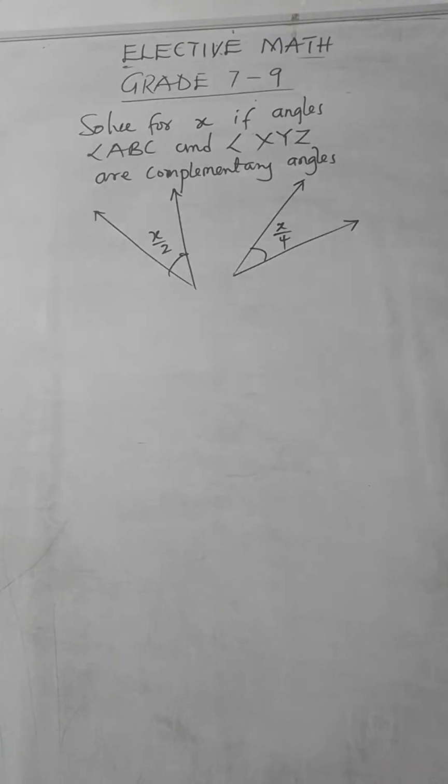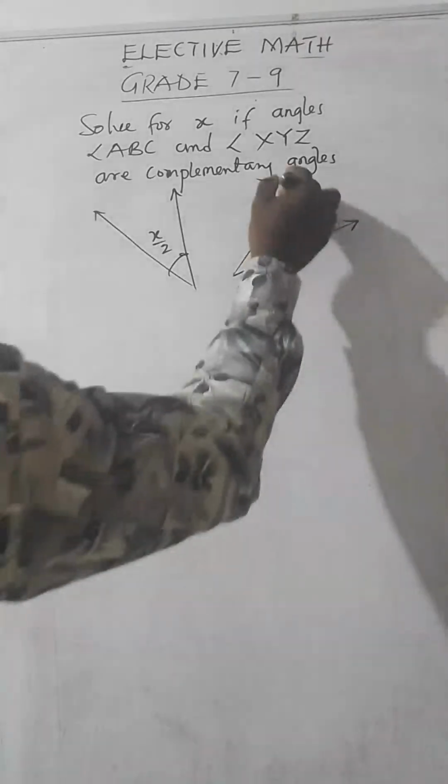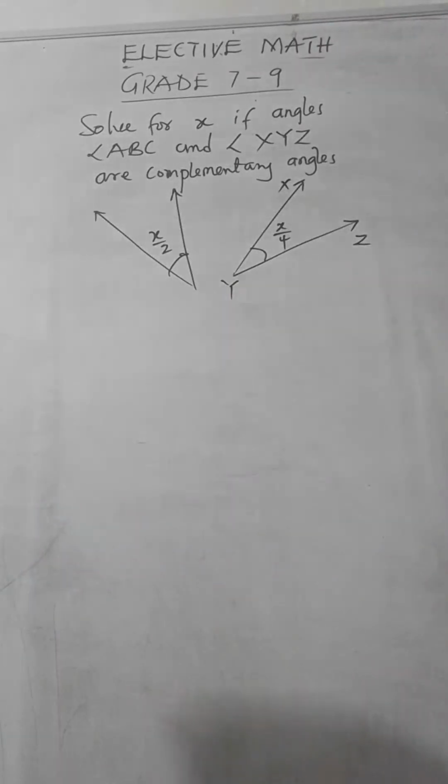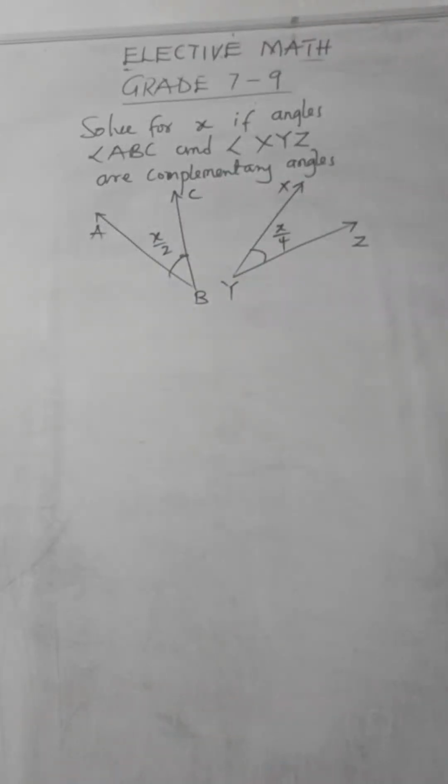It says solve for x if angles, that is x, y, z, then we have the a, b, c are complementary angles. If they are complementary angles, so how do you go by that?